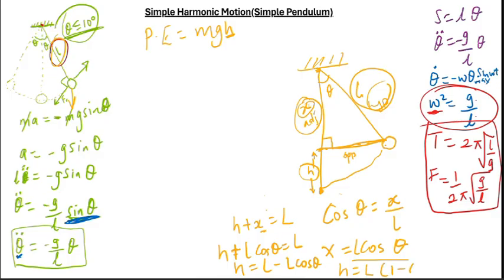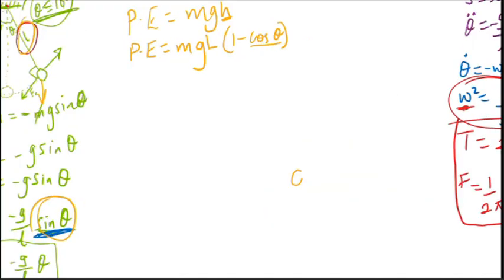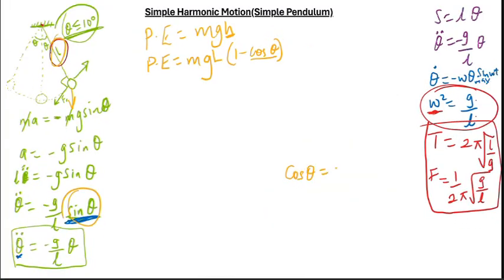Then let me replace it here. Potential energy will now be equal to mgL into brackets 1 minus cos theta. Now here also, you see we are having cos theta. We have to make an assumption, as we made an assumption for sine also. From the Taylor series, we know that cos theta equals 1 minus theta squared over 2 plus theta raised to 4 over 4 factorial plus and so on.